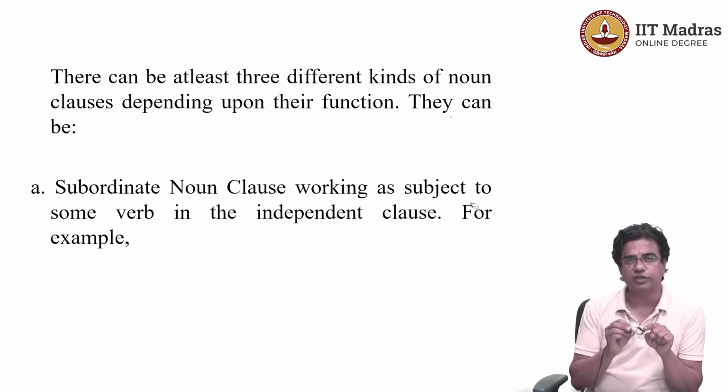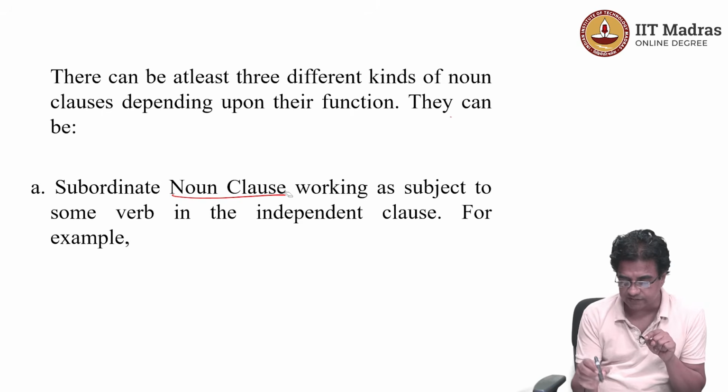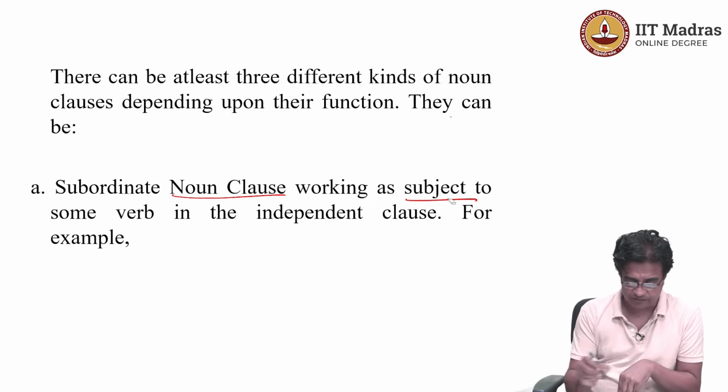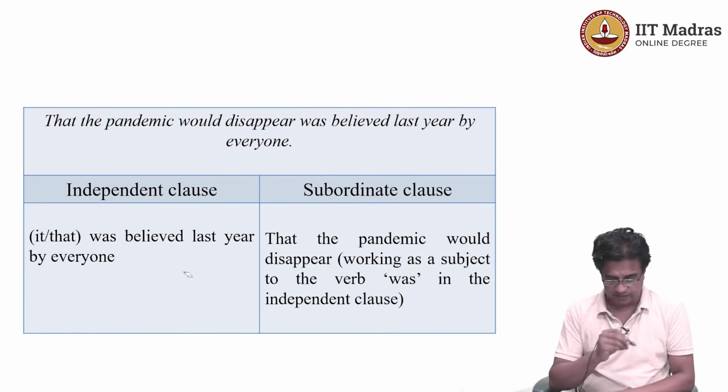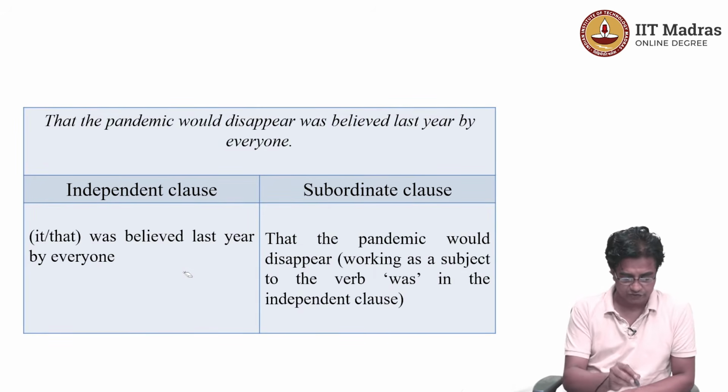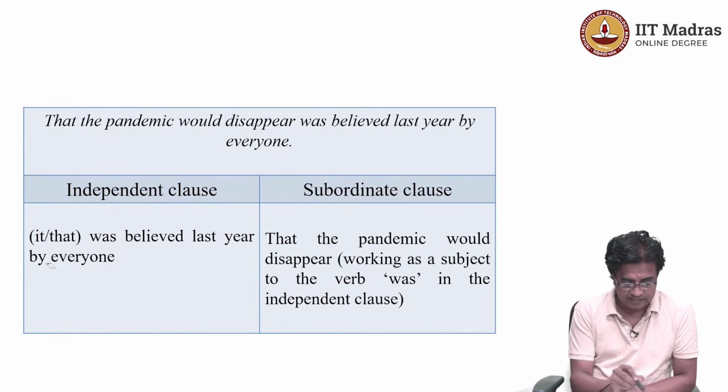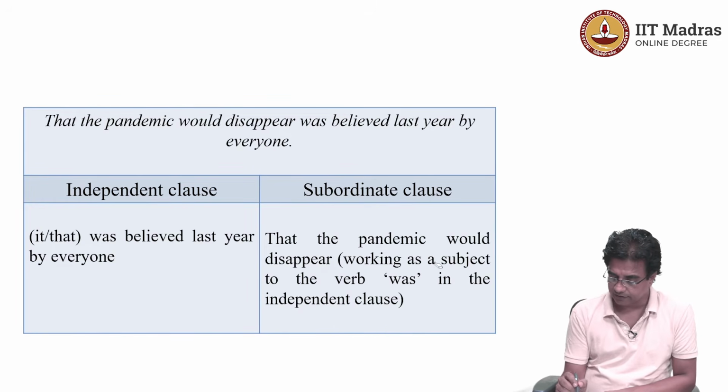So a subordinate clause as a noun clause can be the subject of the sentence also. So look at this. It was believed last year by everyone that the pandemic would disappear. Okay, this is working as a subject of the verb was.